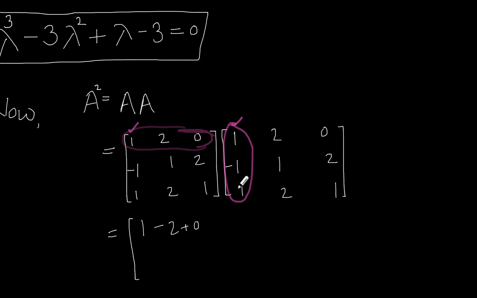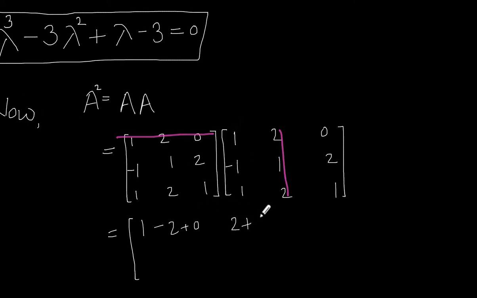So we will have 1 minus 2 0. First row, now second column entry. Again component wise multiplication: 1 into 2 plus 2 into 1 plus 0 into 2. So we will have this quantity.